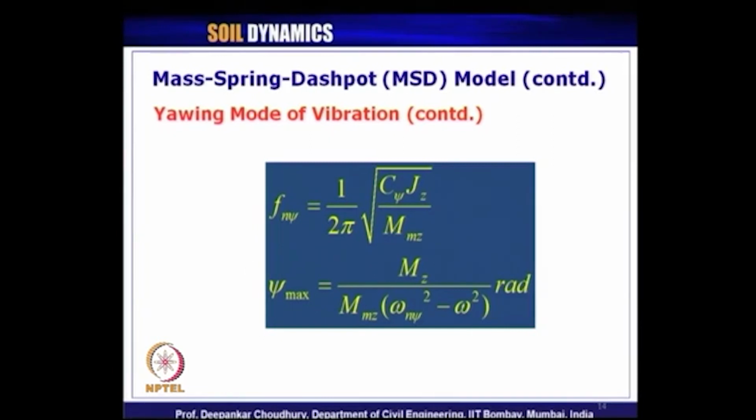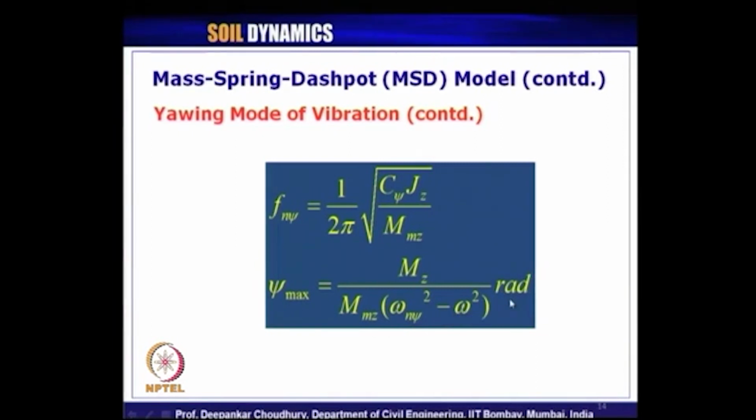To compute the maximum torsional displacement, that is psi max, it can be calculated like this: the amplitude of the externally applied torsion, that is m z, divided by the mass moment of inertia m m z times omega n psi square minus omega square, the exciting frequency.